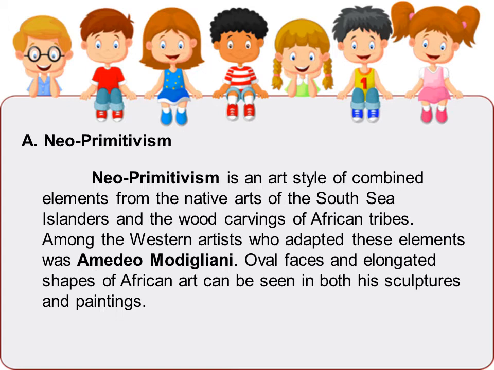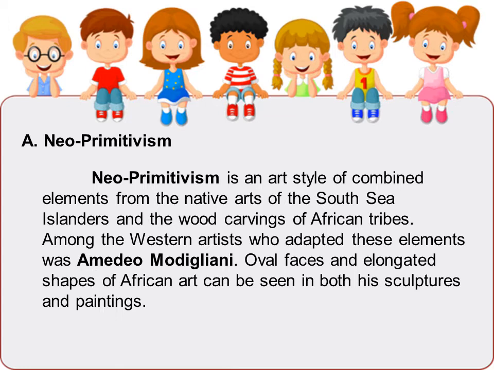Neo-Primitivism is an art style that combined elements from the native arts of the South Sea Islanders and the wood carvings of African tribes. Among the Western artists who adapted these elements was Amedeo Modigliani.